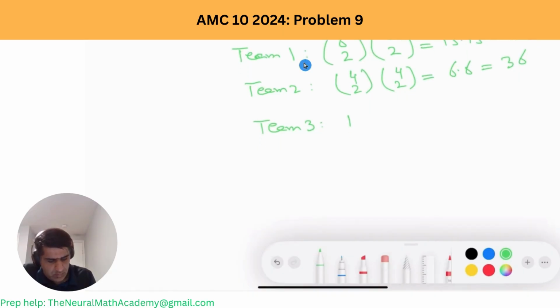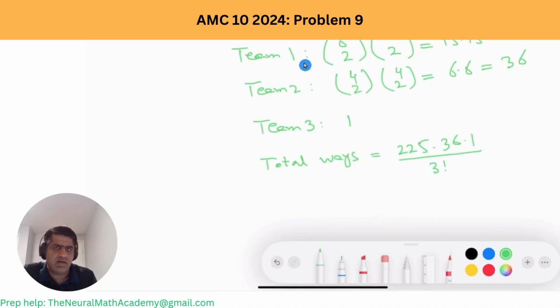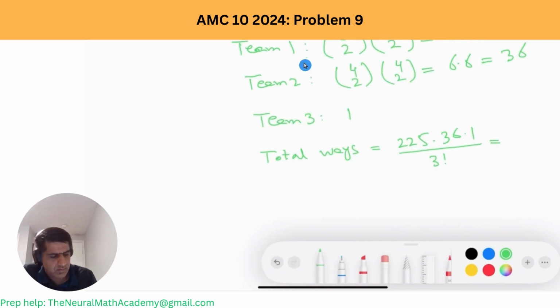The total ways is equal to 225 times 36 times 1, and we divide it by 3 factorial because the order doesn't matter in this case. If we solve, the answer that we get is 1350. So the answer is B for this problem.